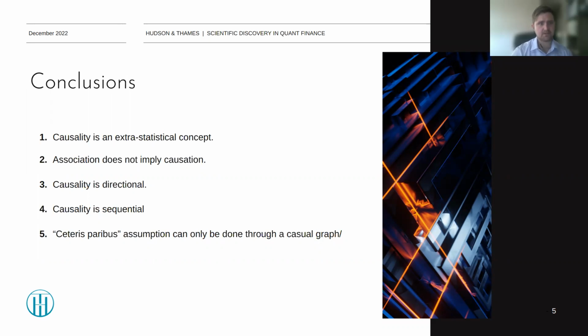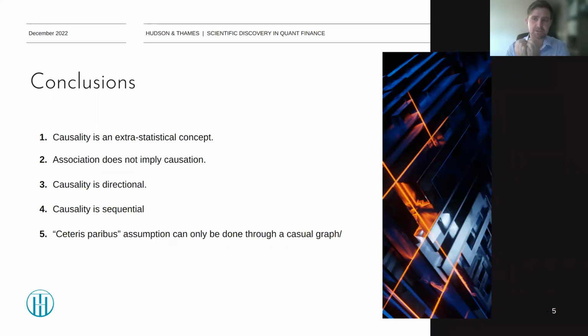So again, association does not imply causation, and causality is directional and it is sequential. So one event occurs, then the next event occurs, and then something else. And it's this whole process. The idea is that you want to map this whole process so that you understand it.